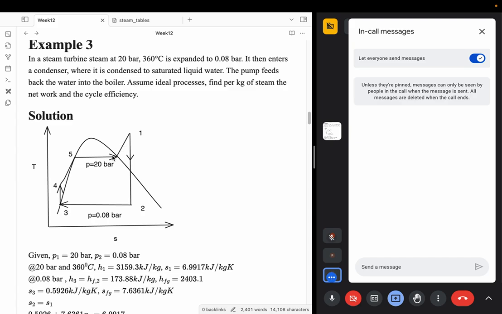Superheating is here, right? Yeah. If there is no superheating, it will end here.